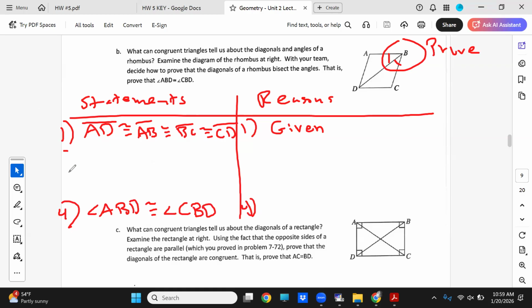Unlike some of the crazy ones we did the other day. Okay, so we're going to work that out, fill in the blanks. Statements 2 and 3, reasons 2, 3, 4. And then I'll check in a couple of minutes, and then we'll do the last proof together.